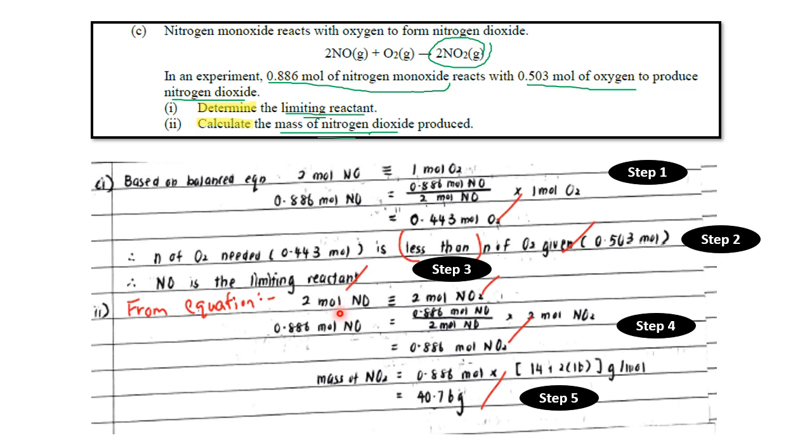Now you have to compare. 2 mole nitrogen monoxide compared with 2 mole nitrogen dioxide. We must always compare with the limiting reactant. So the number of mole of nitrogen dioxide is 0.886 mole. Times molar mass, you get the mass of nitrogen dioxide produced, which is 40.76 grams.